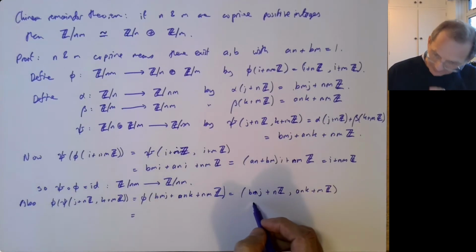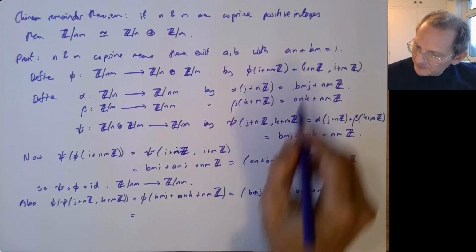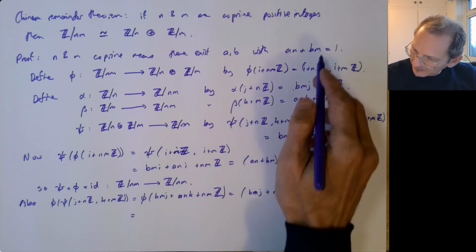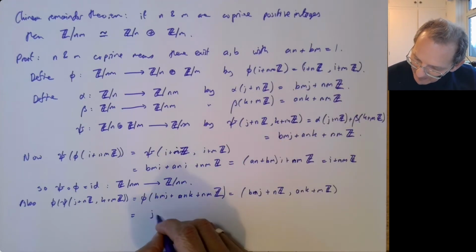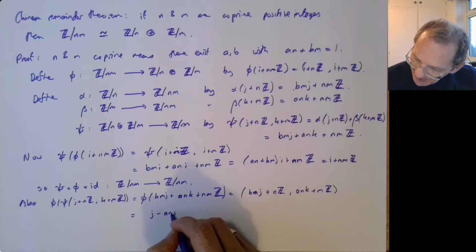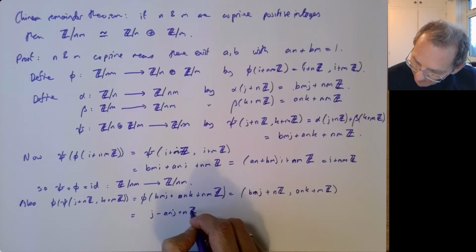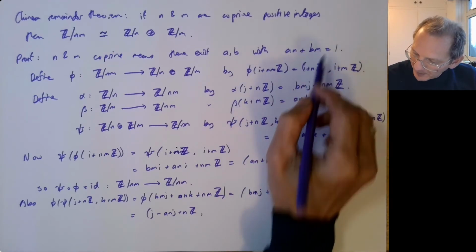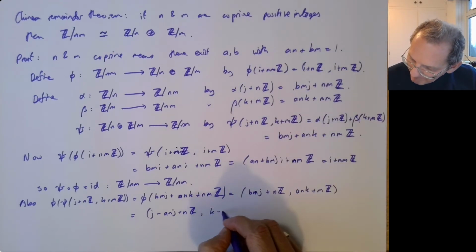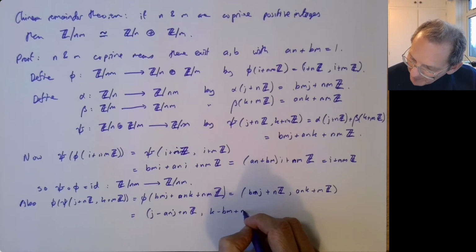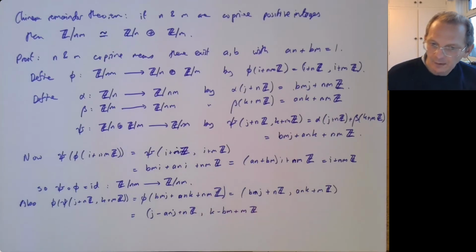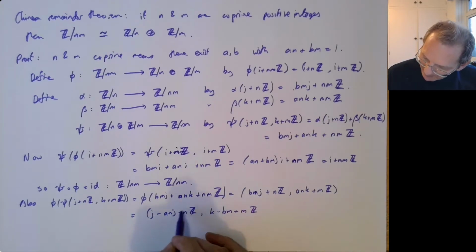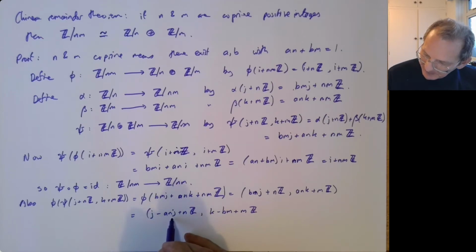Now bm is 1 minus an. So that's j minus anj plus nz. And similarly, an is 1 minus bm, so that's k minus bmk plus mz. But here we're working modulo n, so the anj doesn't make a difference.